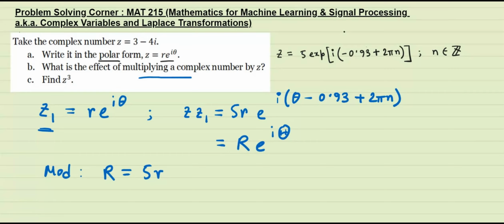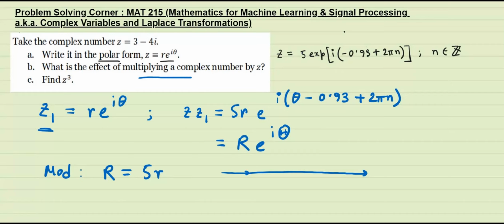So before it was just r, and now it's 5r. If this was the length, then you have 5 times the length.